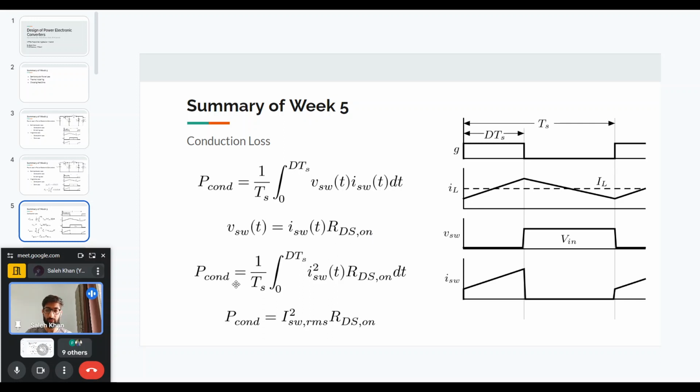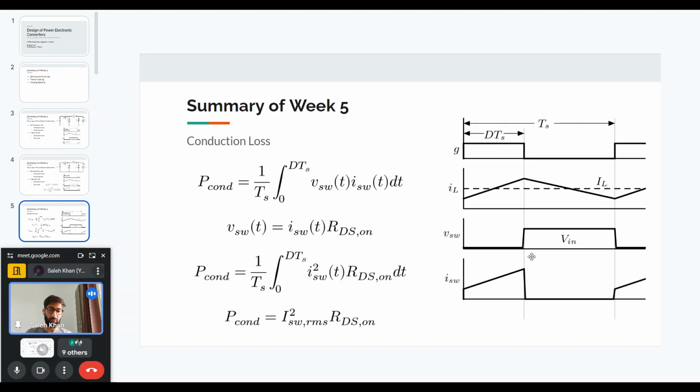So in this way, we can basically find the conduction loss, which depends on only the current through the MOSFET and the constant term RDS. So if we assume that the RDS is constant, then we can write this as the RMS of the switch current square times the RDS. So just a simple I square R power loss. But here we have to find the RMS of the switch current.